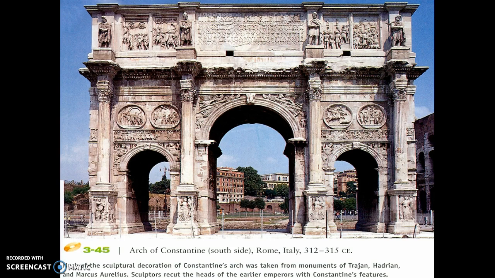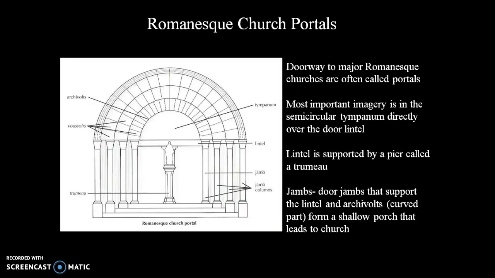Well, these portals are actually serving a similar function. They are meant to represent the triumph of Christ and the glory of God in heaven, and those sort of themes. So they actually are meant to recall these triumphal arches.